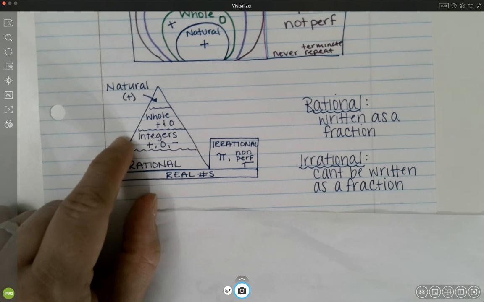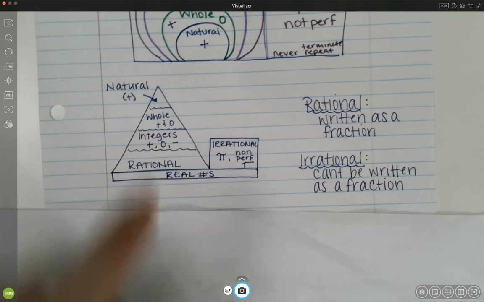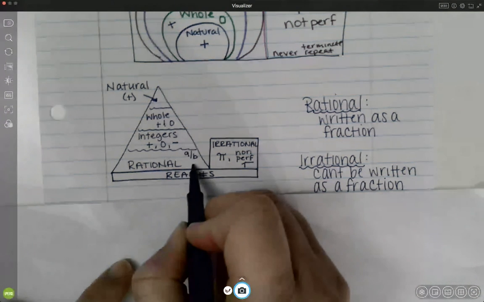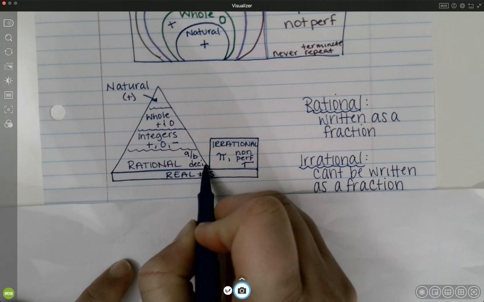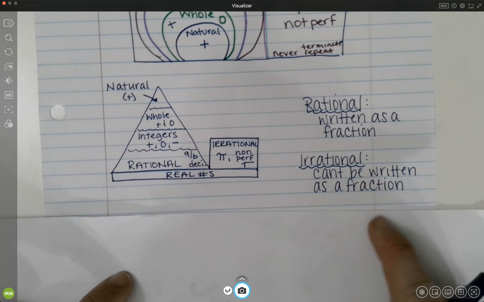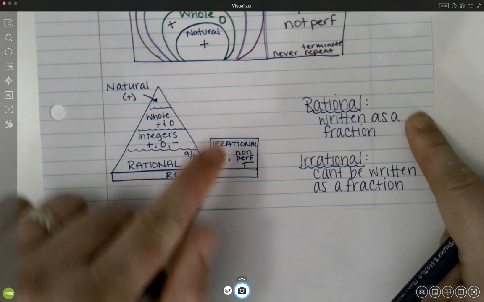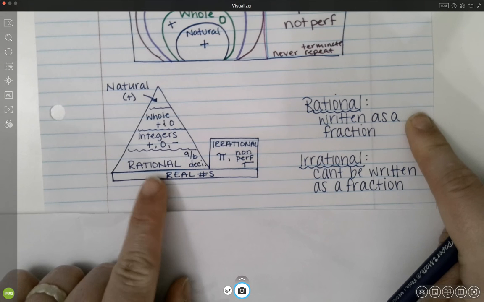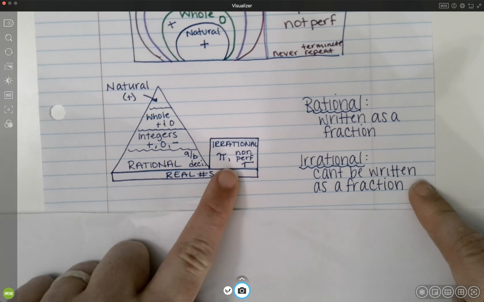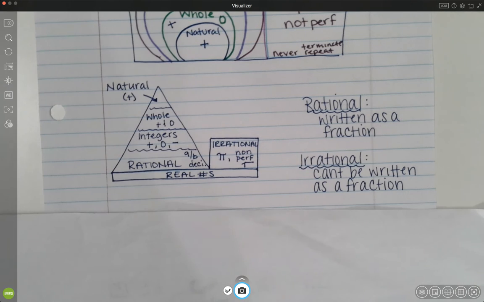As I roll down, I get my integers of negative. Then as I roll down, here's where we have our fractions and our decimals. And then in its own island, we have irrational. We have to understand the difference: any of these in this pyramid can be written as a fraction. Irrational numbers cannot. These cannot terminate, and these do not repeat. Therefore, they cannot be written as fractions.